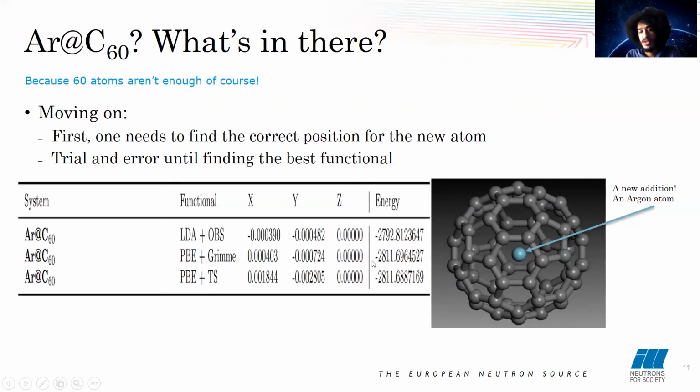You can see that the second functional, which is a GGA functional plus a semi-empirical van der Waals interaction added to it, gives the most stable structure, and all of my results will be drawn from this calculation rather than these two.